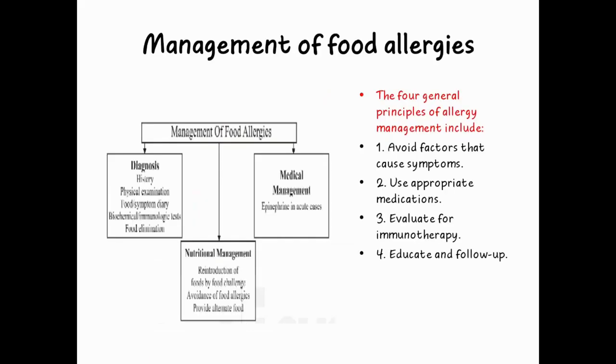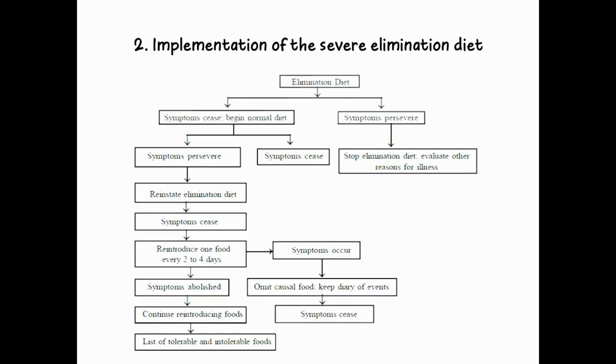so after the implementation of the severe elimination diet, these are the various steps by which we handle food intolerance in the patient, and what our output is. The basic output is that we have to categorize the foods which are tolerable to the patient and the foods which are non-tolerable to the patient.